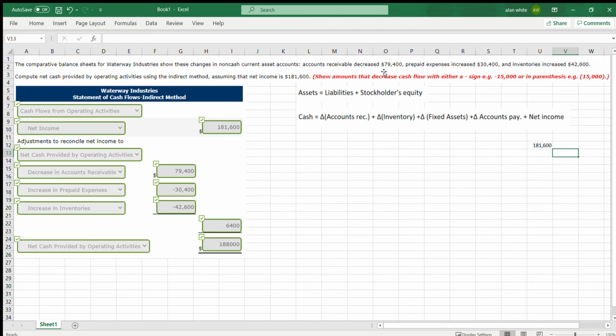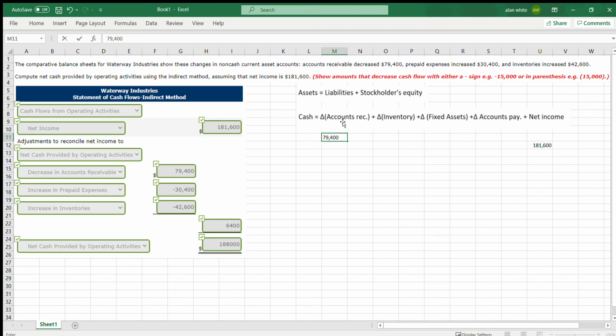So accounts receivable decreased. We can see it's right here in our equation, accounts receivable. And normally a decrease would be a negative value. However, because we've rearranged the equation, a decrease in accounts receivable is actually going to be a positive value. So it'll be 79,400.